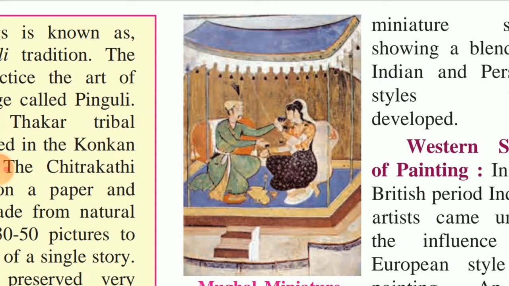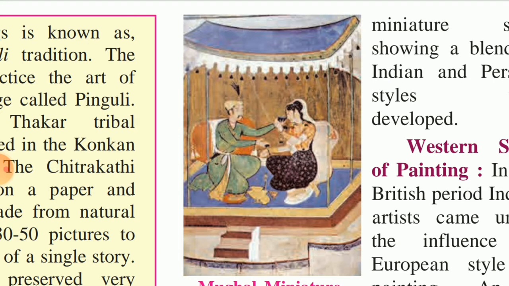Then over there a bed-like structure or a stage-like structure, and on that the Mughal emperor and his begum or the queen are on the throne, and both of them are having fruits and, if I'm not mistaken, also the juice they are drinking.